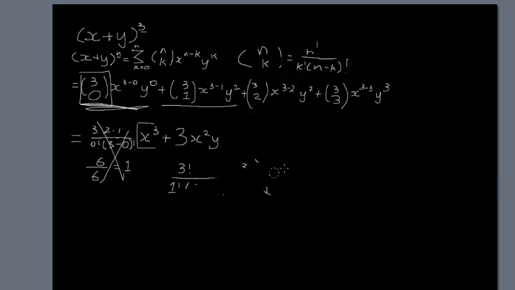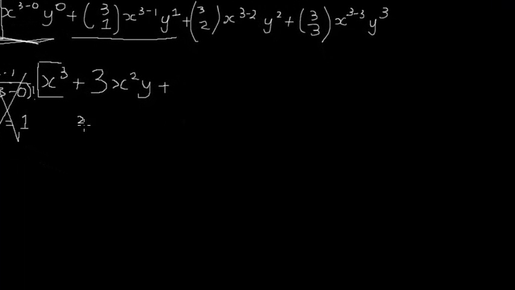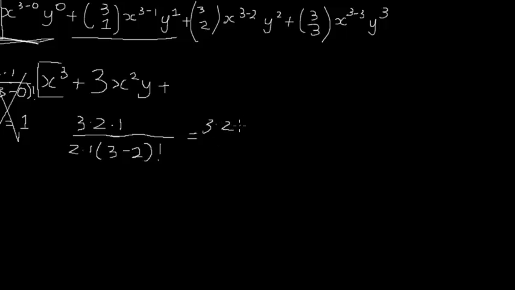Now if we just continue it on, let's start again with the next term. So 3 choose 2. So 3 times 2 times 1, because 3 factorial, over 2 times 1, which is 2 factorial, times 3 minus 2, which is going to be 1. So the answer of this one is going to be 3 times 2 times 1 over 2.